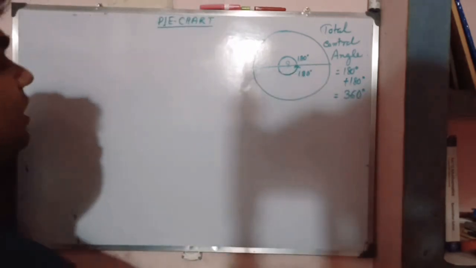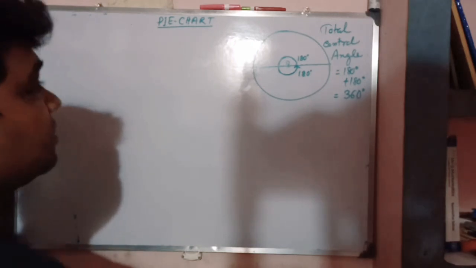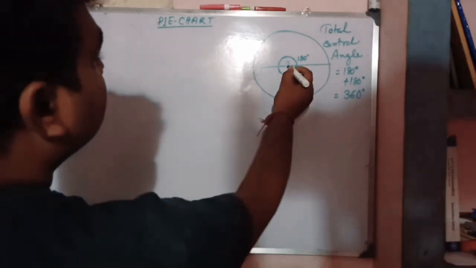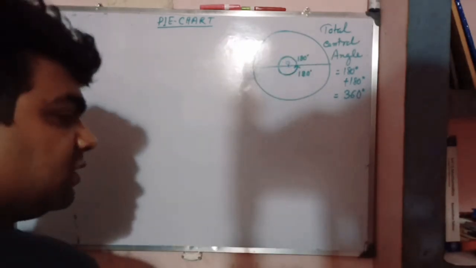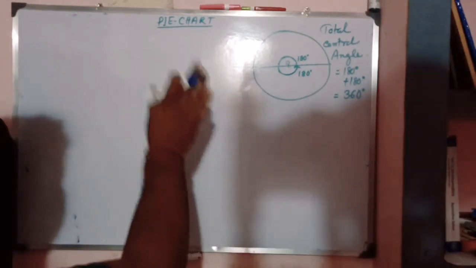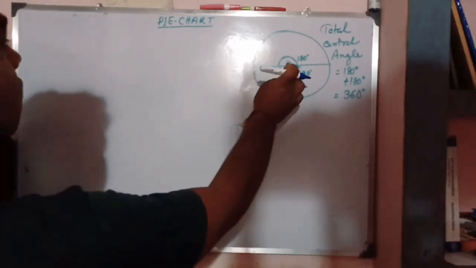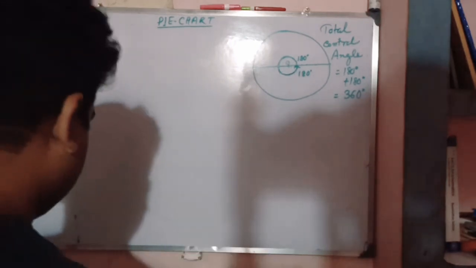So the total central angle is 360 degree. So the angle which the center makes in a circle is 360 degree. Understood? To read about pie chart, we have to know this first. So this is the basic concept.